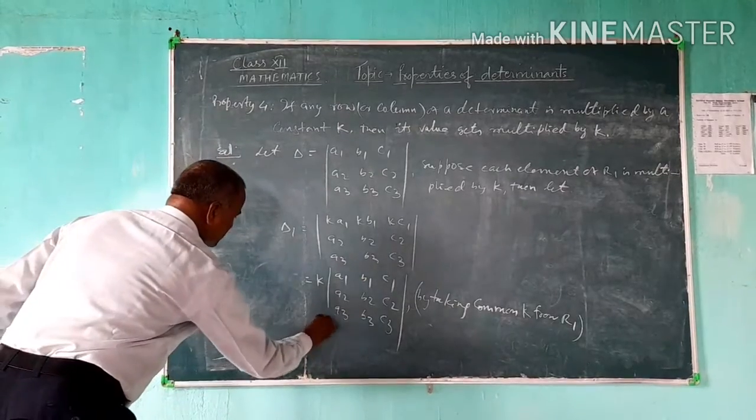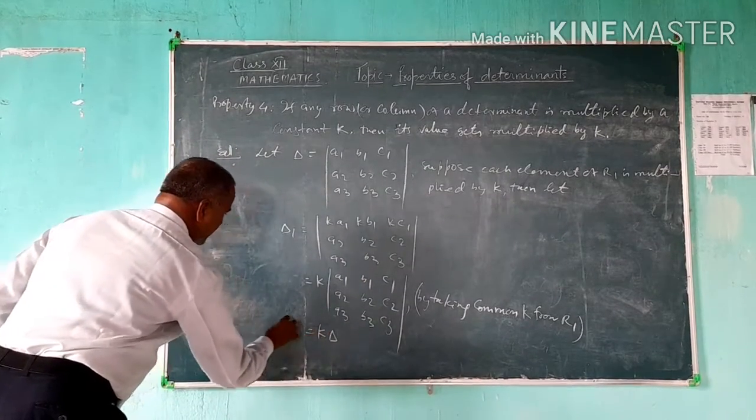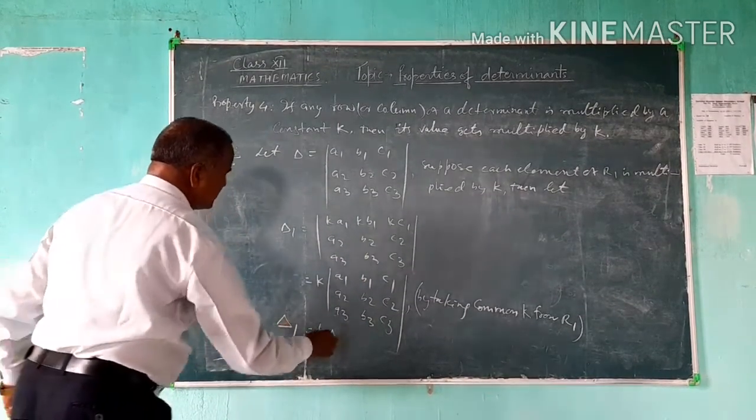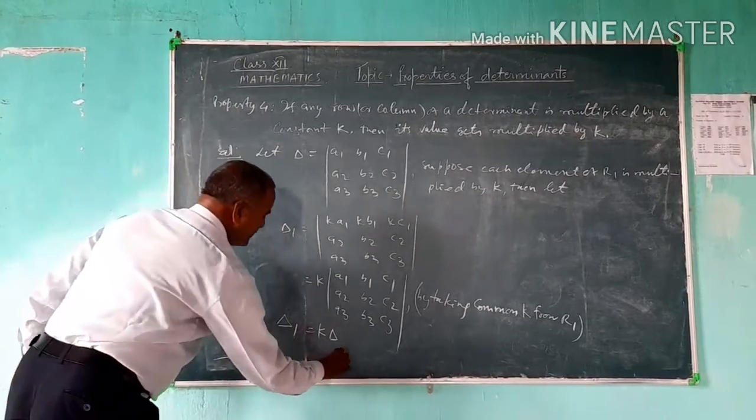So this is equal to k delta. So delta 1 is equal to k delta. Verify it.